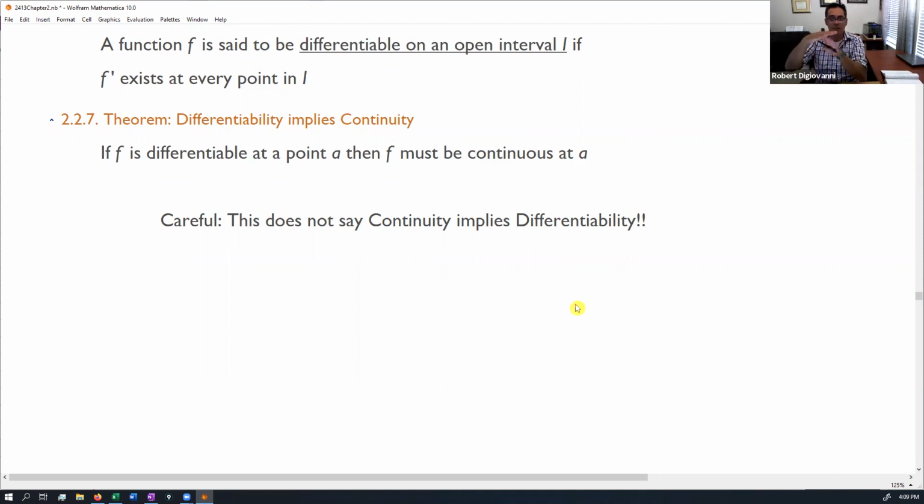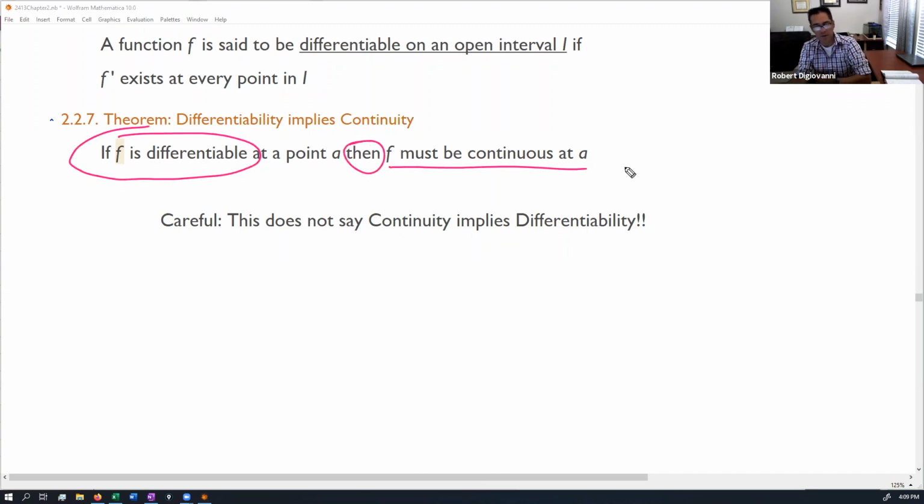You must be coming in from both sides to the same place. So differentiability implies continuity. If you're differentiable, then you're continuous. This brings up something a little more subtle, which is logic.